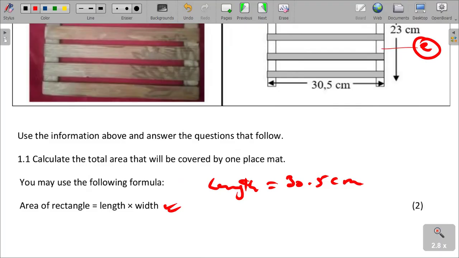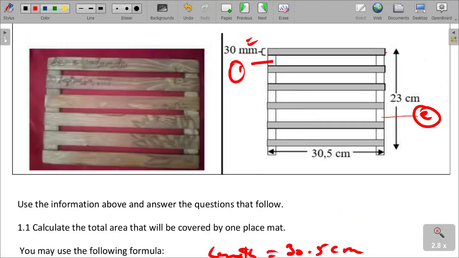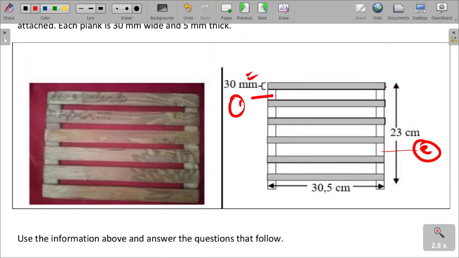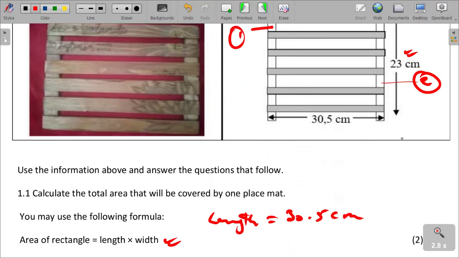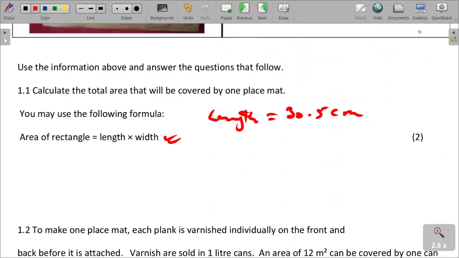And the width that is given there is 23 centimeters.